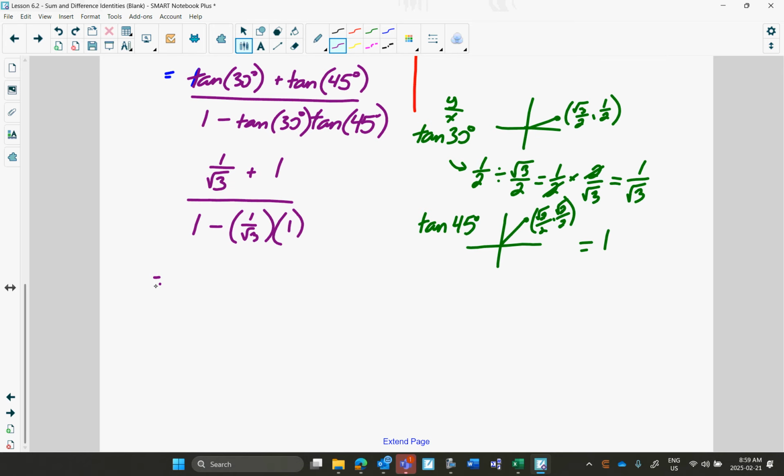Well, first of all, simplifying the bottom gives me that. I just multiply the 1 over root 3 by 1.